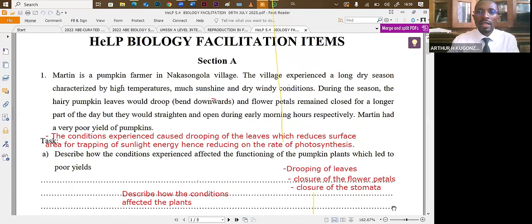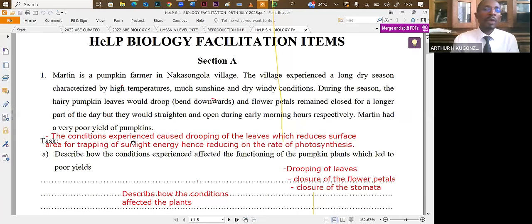The high temperature leads to drooping. The much sunshine leads to drooping. The dry winter conditions lead to drooping. That's why we are saying the conditions experienced, because all of them at once cause all of these things. So it may not be necessary to specify.